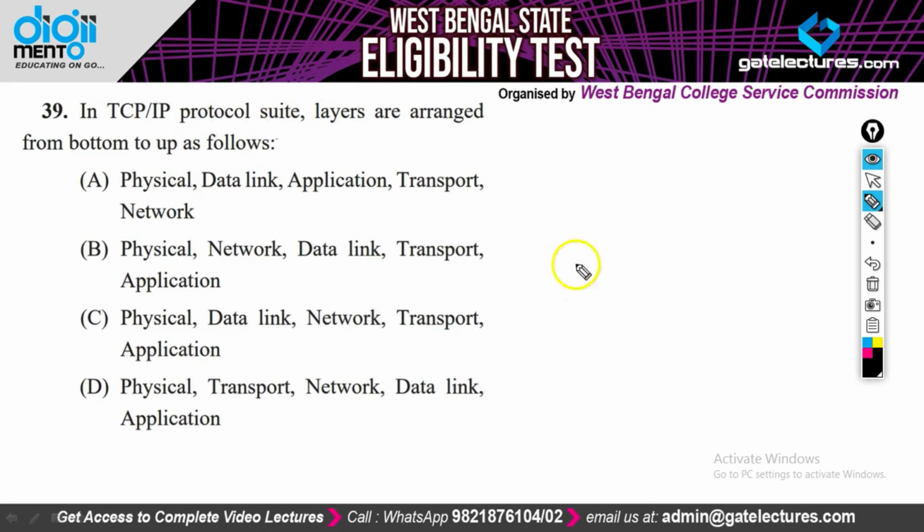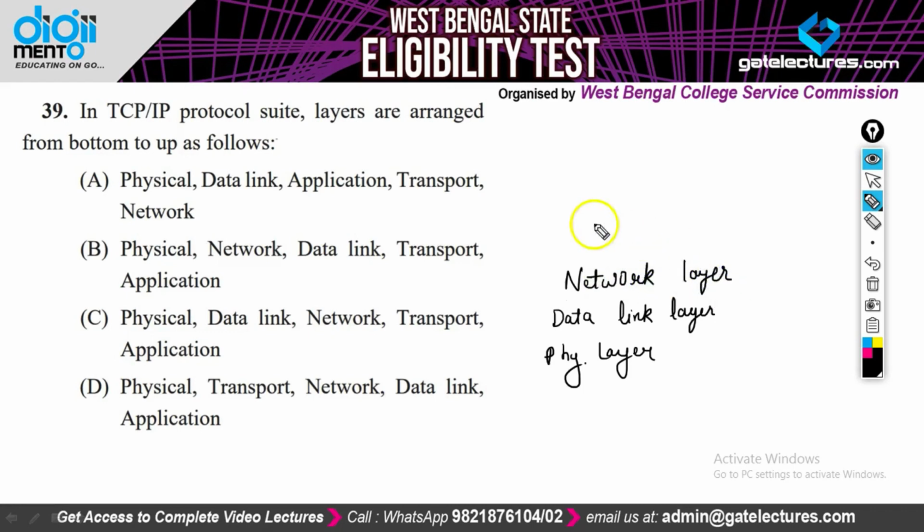Okay, so for TCP/IP it goes like, first we have physical layer, then we have data link layer, then we have network layer, then we have what?